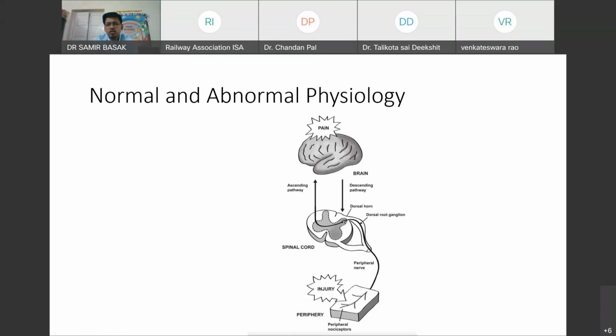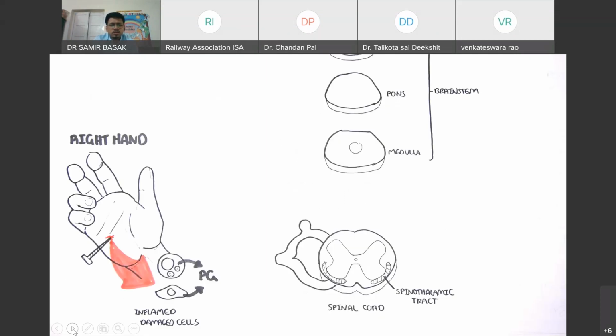Then from the dorsal horn, the second order neuron starts and goes through the ascending pathway up to the thalamus. Then from the thalamus, the third order neuron starts and goes up to the higher processing center. Next, from the higher processing center, there is the descending pathway through the periaqueductal gray matter. How this pathway acts will come now.